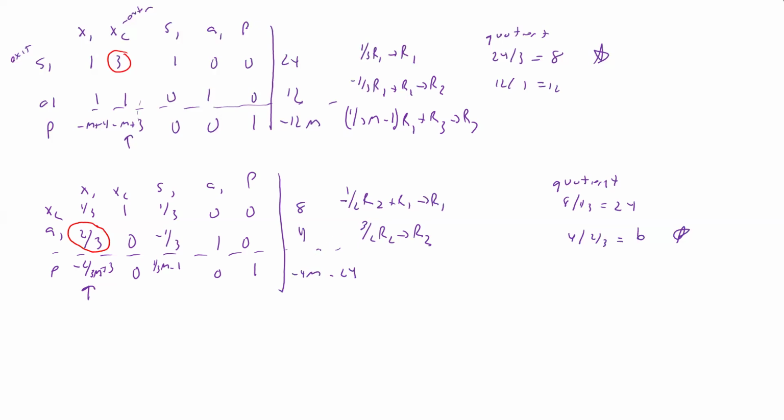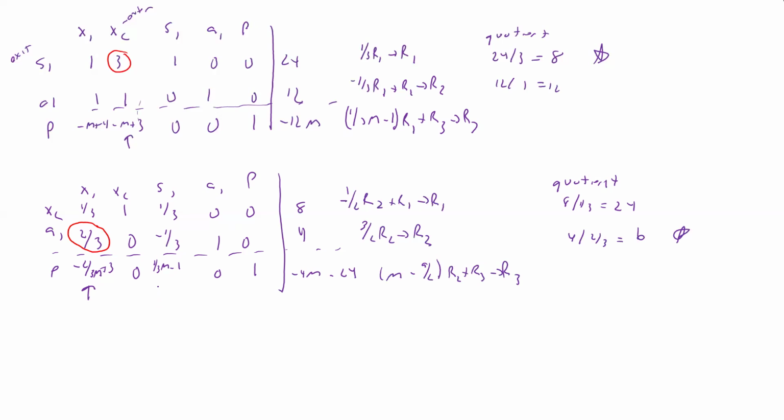And so then this one, this is negative 2/3. So I'm going to have to take just a m and then minus, and then I need to get that to be, so it's a minus what, 9/2. And that's a row 2 plus row 3 goes to row 3.